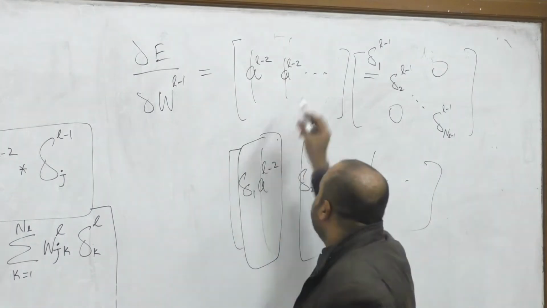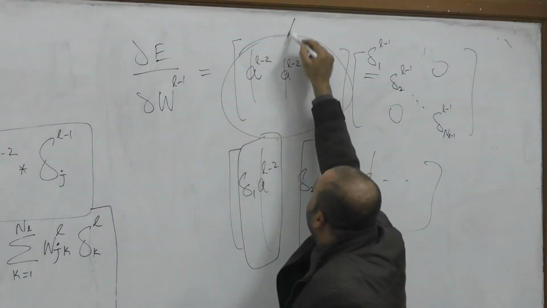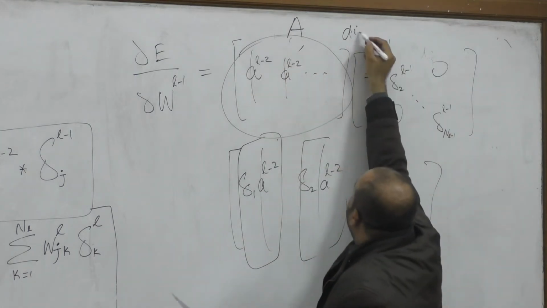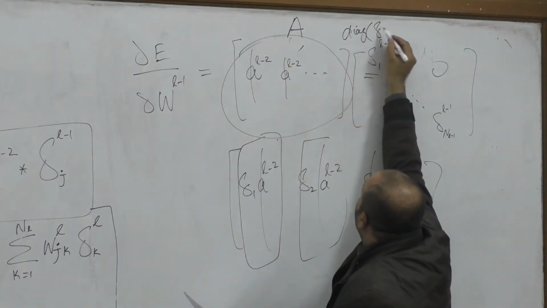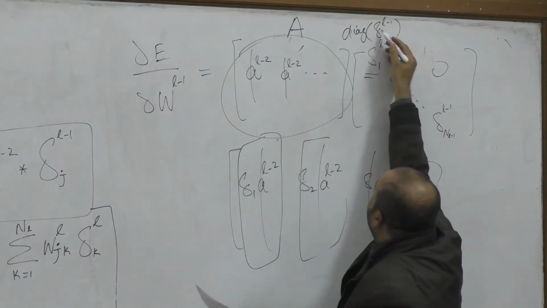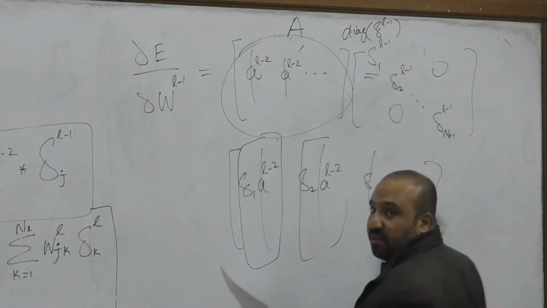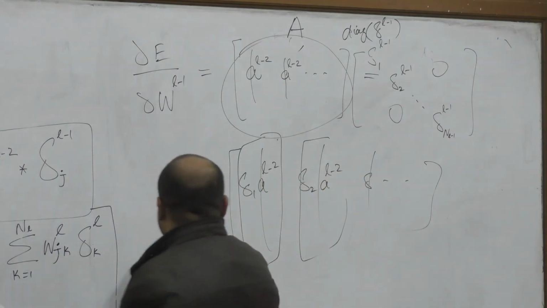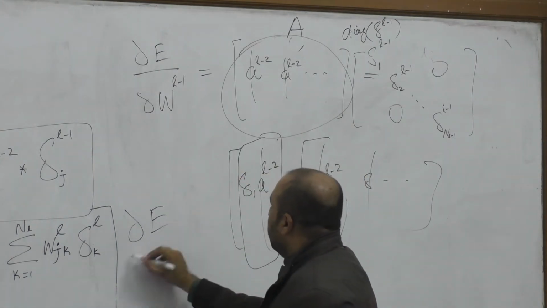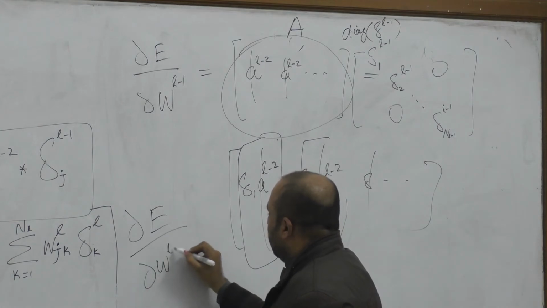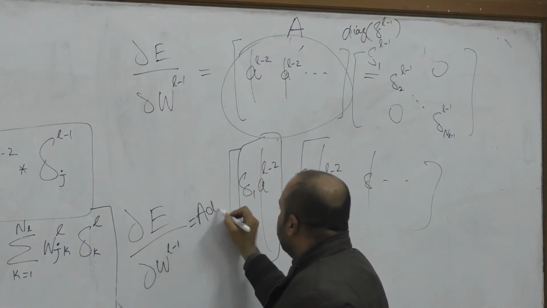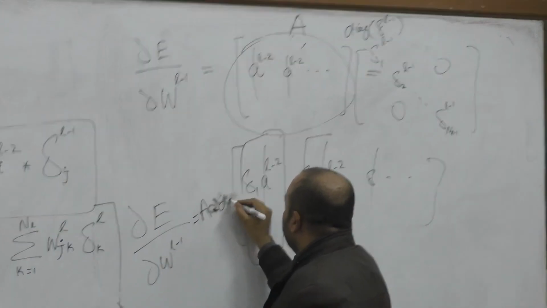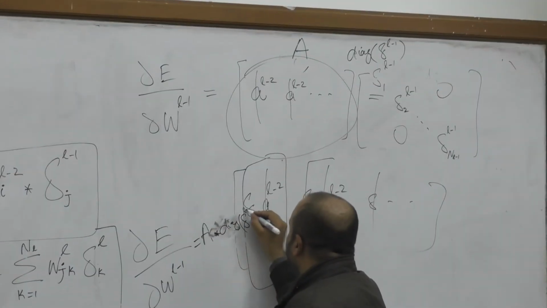If I call this matrix A, and I call this matrix diagonal of lambda L minus 1, will lambda L minus 1 contain all these numbers? Yes. Then the weight update is simply A times diagonal of lambda L minus 1.